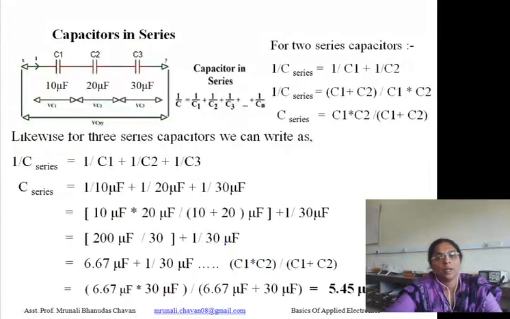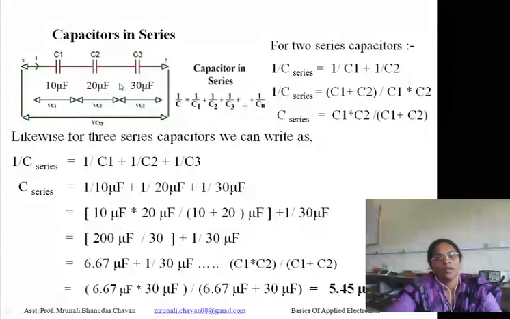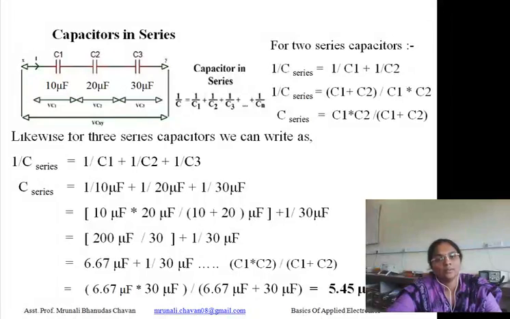Next, capacitors in series. In resistors, if resistors are in series, then we have to add the resistors, but in capacitance, if they are parallel, then we have to add the values as they are.